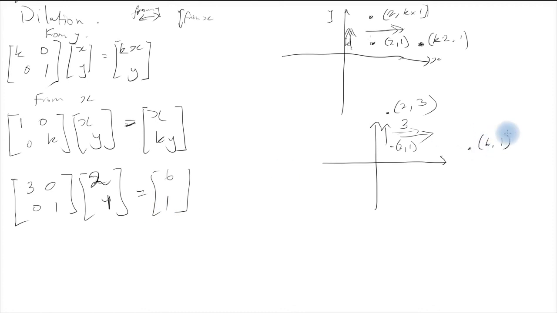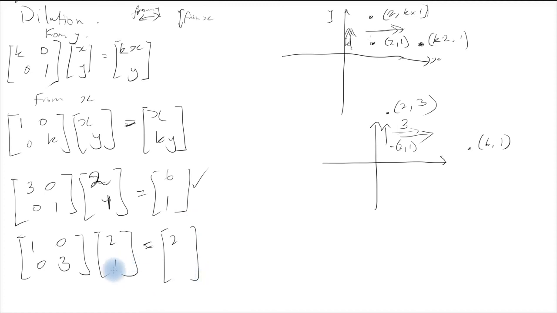That's the point we expected. Now our second example. The point we expect is 2, 3. 1 times 2 is 2, and 0 times 1 is 0, so it's just 2, and 0 times 2 is 0, plus 3 times 1 is 3. So 2, 3, just like we expected. So there are our dilations as well.